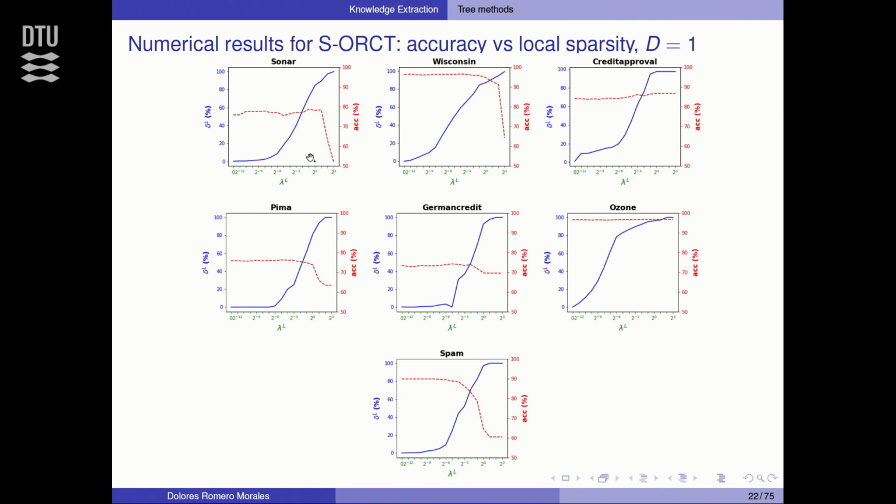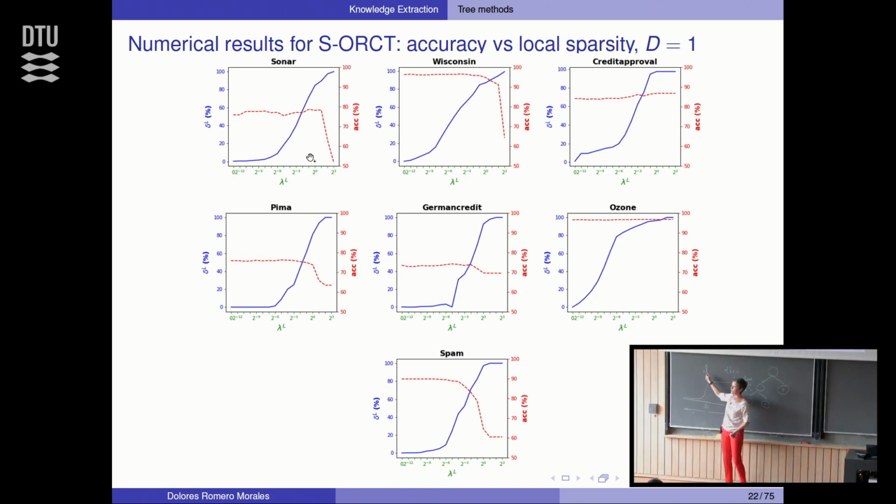Now, we have talked at the very beginning that trees are very easy to interpret. When we ran the trees on these data sets, some of them went up to depth 18. So depth 18 is quite a difficult rule to understand.